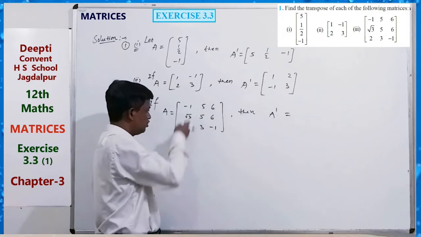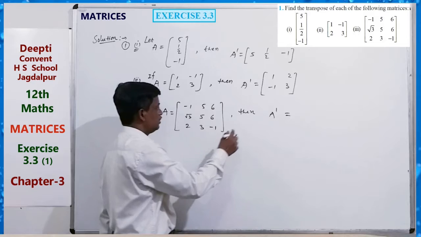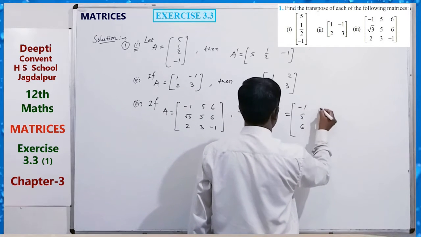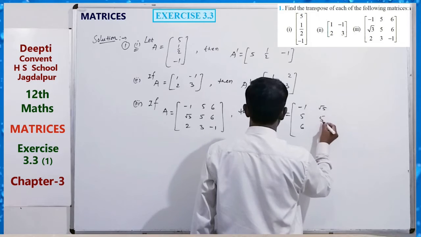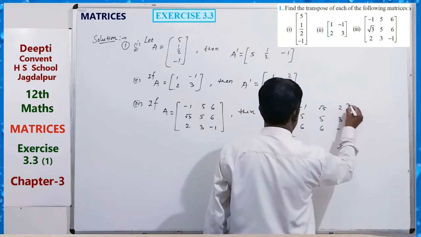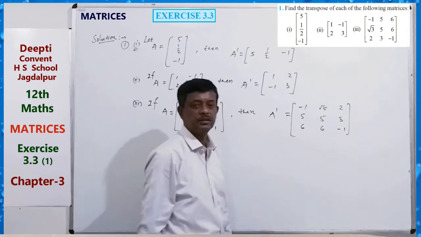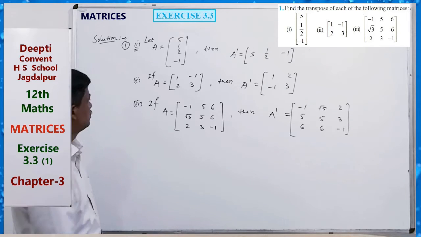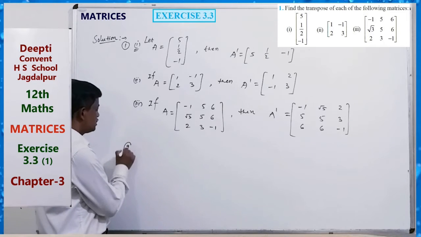This row goes to the column. That is minus 1, 5, 6; root 3, 5, 6; and this 2, 3, minus 1. We are just transferring row to column. These are the transposes. So very simple.